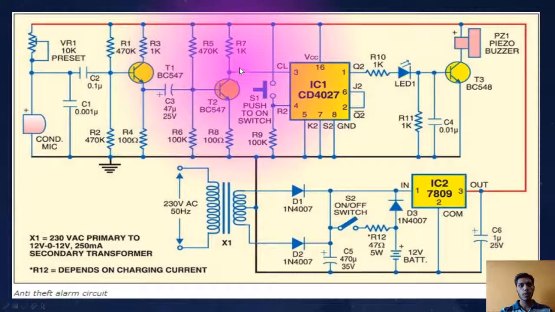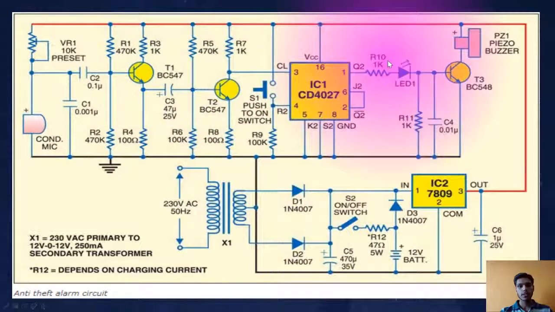Now, whatever the amplified signal is, it is fed to this IC. This IC comprises two JK flip-flops. Actually, there are 16 pins in this IC, comprising two JK flip-flops. So there will be 8 pins for one JK flip-flop and another 8 pins for the other.